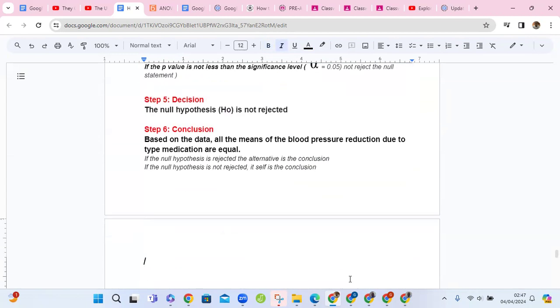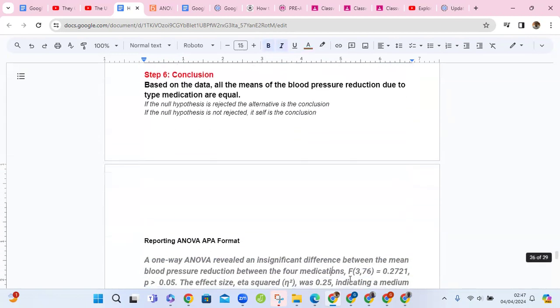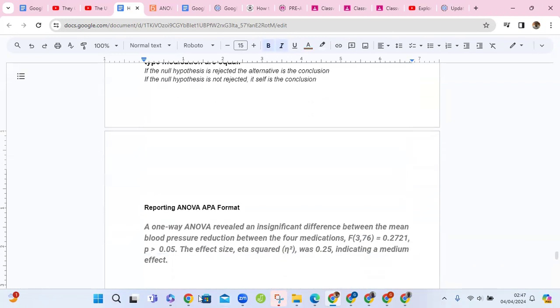And to do this in APA style, APA format: a one-way ANOVA revealed an insignificant difference between the mean blood pressure reduction between the four medications.